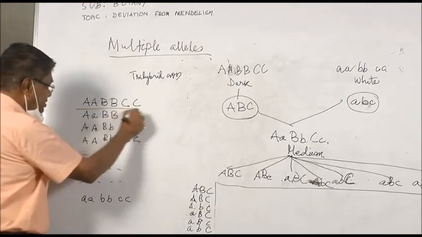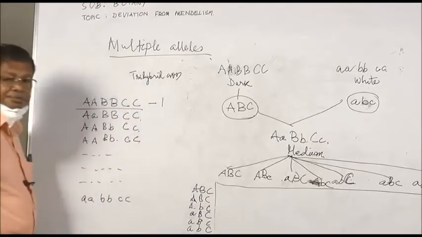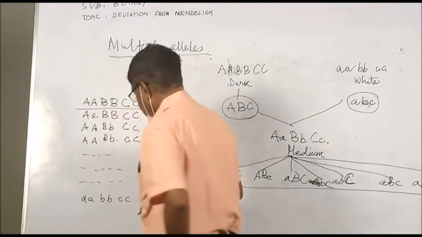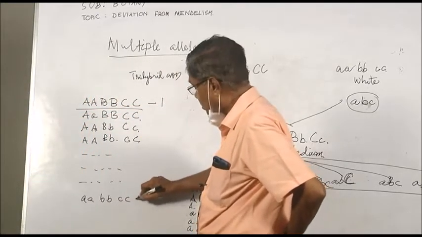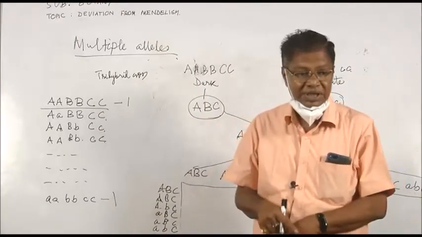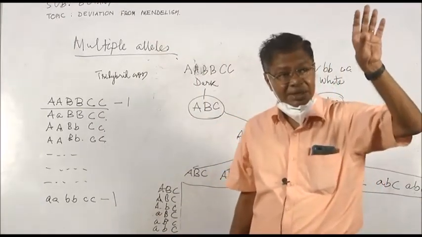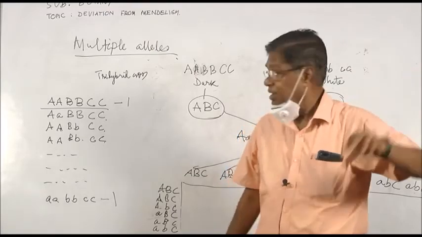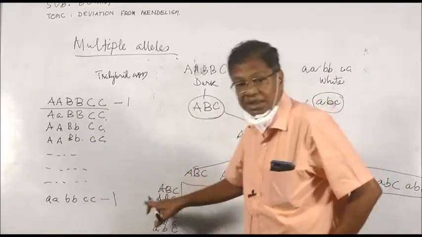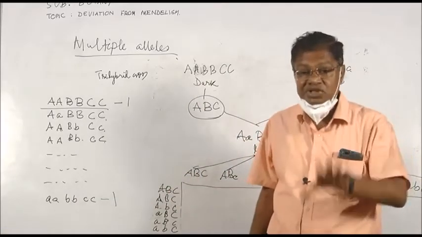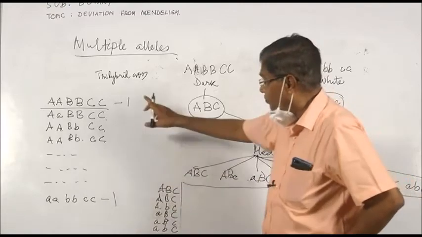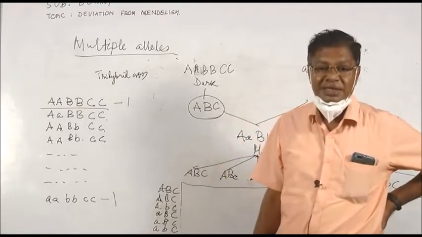How many of this? Only one. Only one of this. And how many of this? Only one. Out of the 64 squares that we get, you find the first one is this one and the last one is this one. The last one is the fairest and the first one is the darkest.